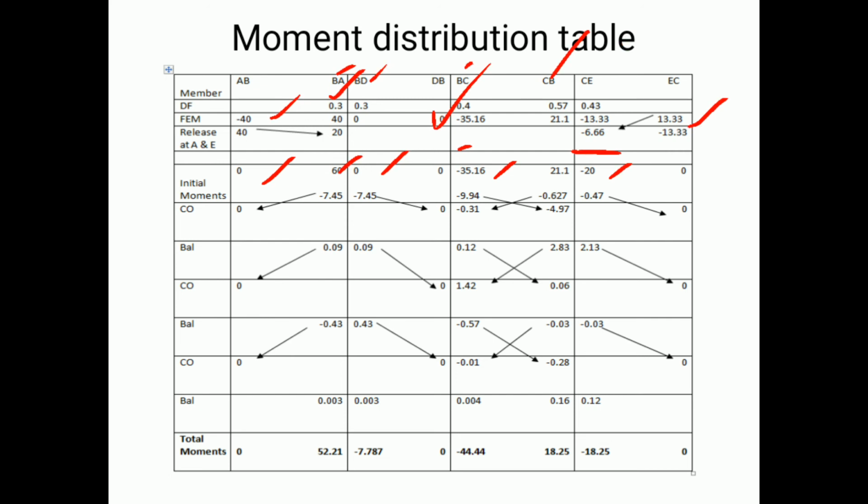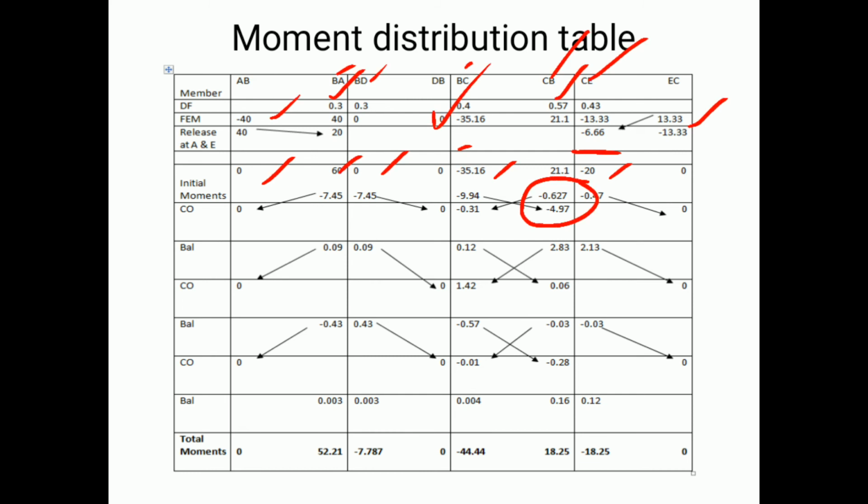This 1.1 is the overall unbalanced moment for joint C. In order to counter this unbalanced moment, I need to distribute it with the opposite sign convention with reference to the respective distribution factors.